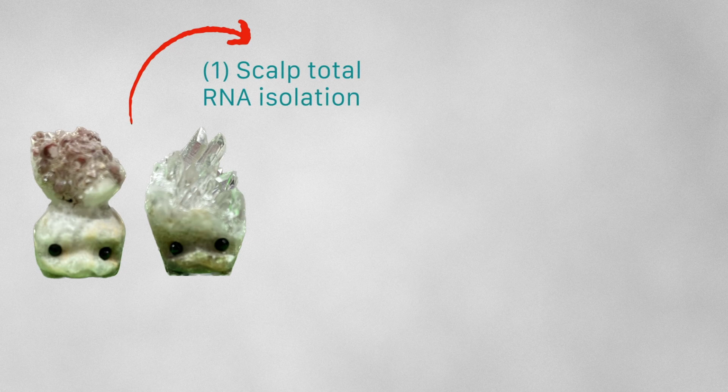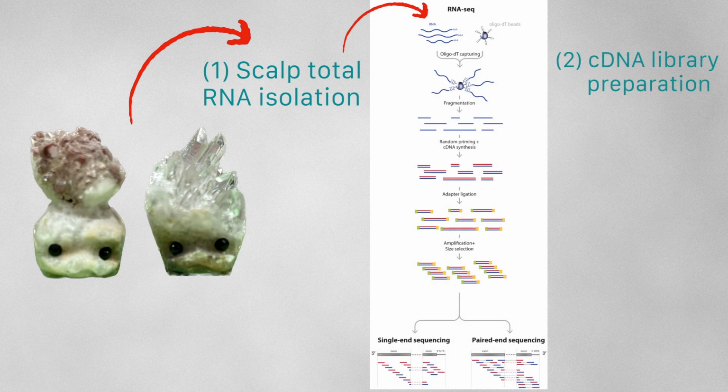So going back to our friends here, Popo and Chichi, the entire RNA-seq workflow would look something like this. First, we extract the total RNA from the scalp tissue we obtain from our samples. And next, we subject this total RNA to cDNA library preparation.